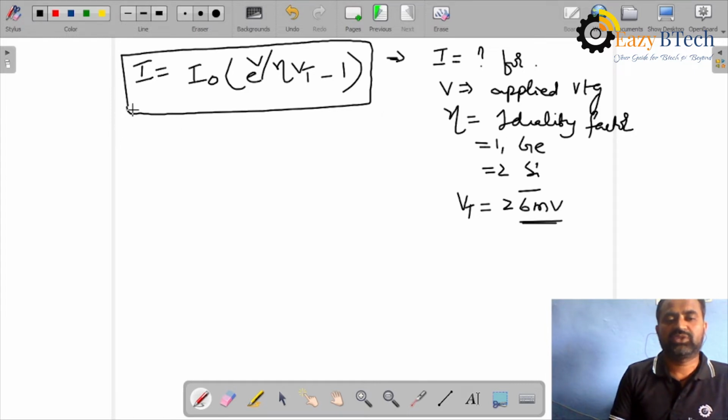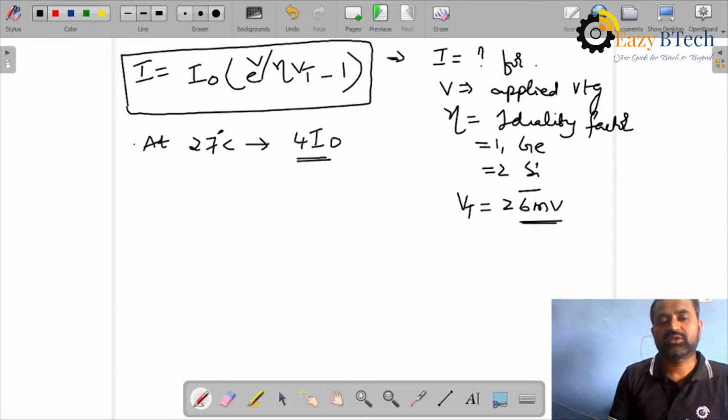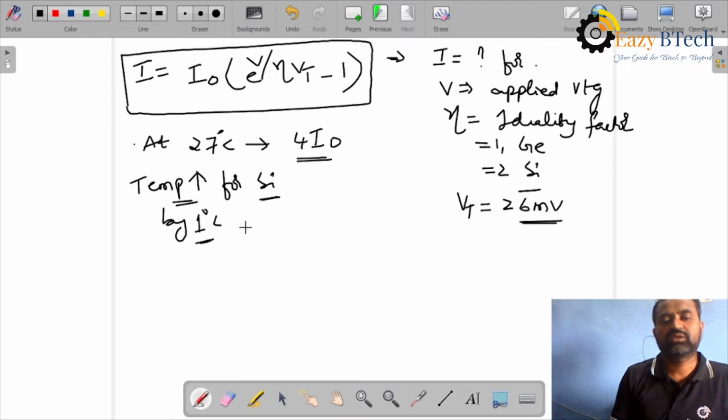Now suppose initially at 27 degrees centigrade you have 4 I naught. This is the reverse saturation current. Now the temperature is increased for a silicon diode by 1 degree centigrade, that is 28 degrees centigrade.